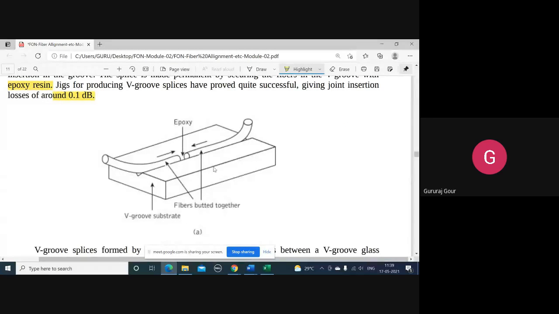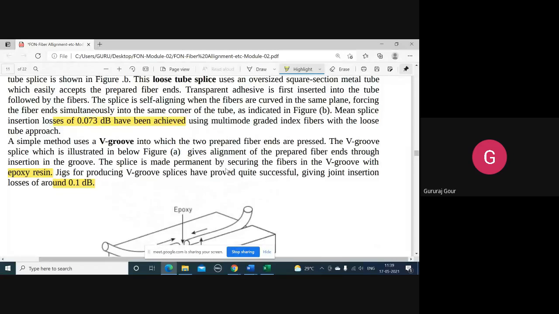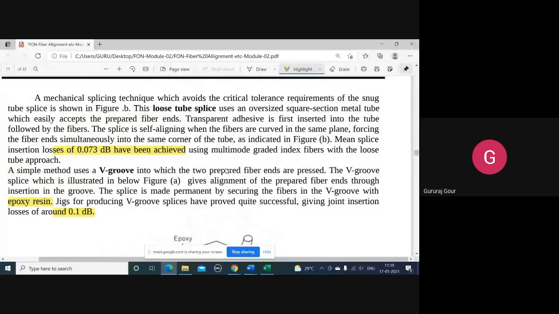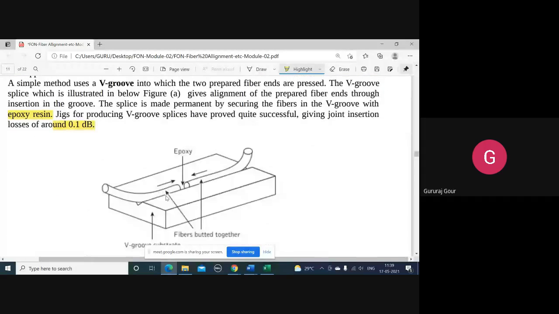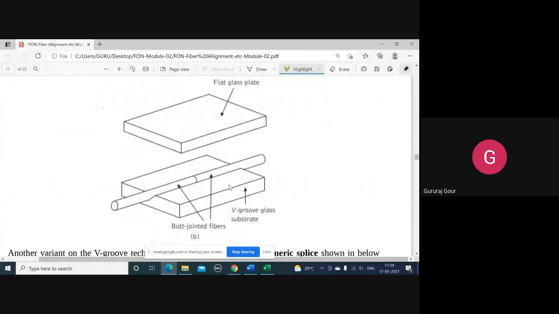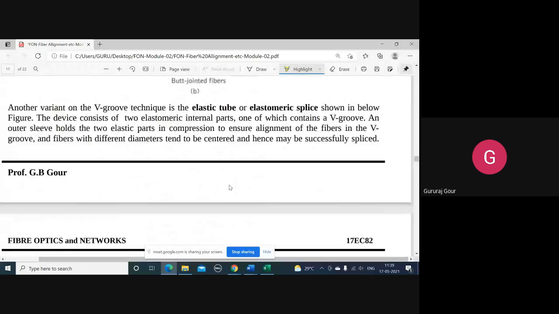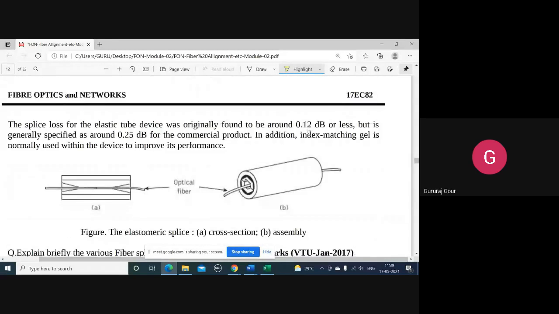The two fiber ends we want to butt are brought together so that, with the help of epoxy, they form a smooth fiber joint. So mechanically we can do it either by using a loose tube splice, as visible here, this one is the V groove technique, and the last one is the elastomeric splice, the elastic tube technique.